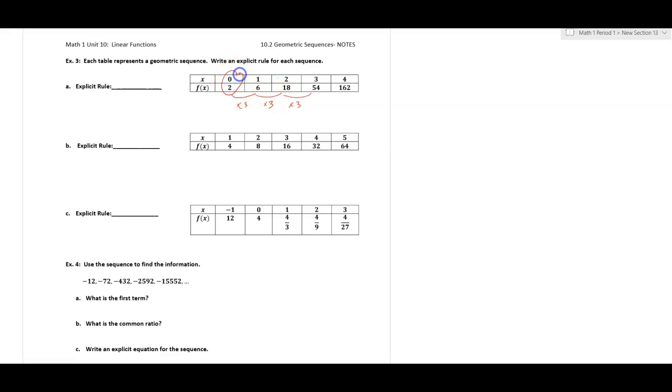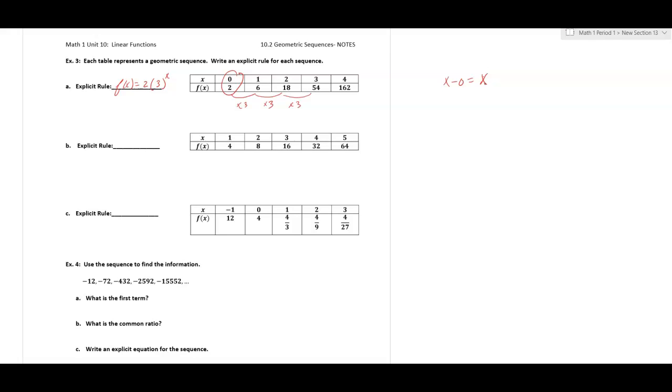If I start with this ordered pair, all I'm going to say is my explicit rule is f of x equals, my initial y value is 2 times my common ratio 3 to the x power. If I subtract 0, x minus 0, just remember, is x, right? So that's why you don't even have to write the x minus 0.